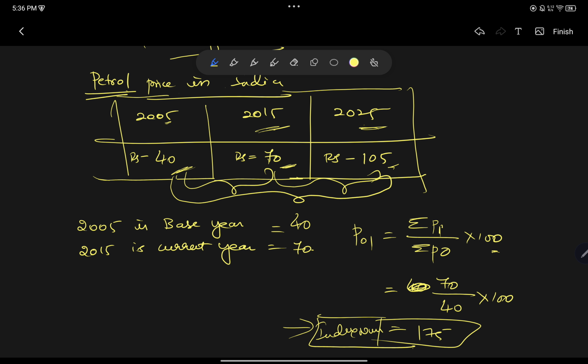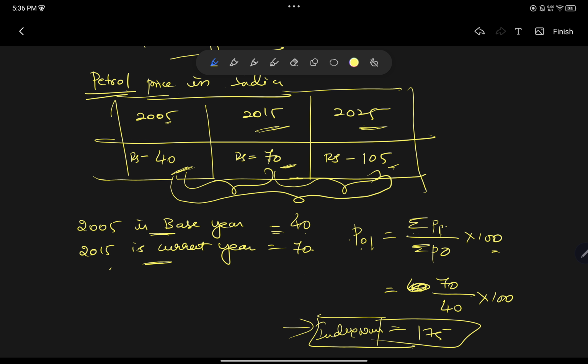Fine. Here, let me take base year 2005 and 2015. First, I will compare 2005 with 2015. Base year price of petrol was 40 rupees and the current year was 70. Now, using the formula, P01 means price of base year and current year. We have to use sigma. Sigma means total or summation, right?